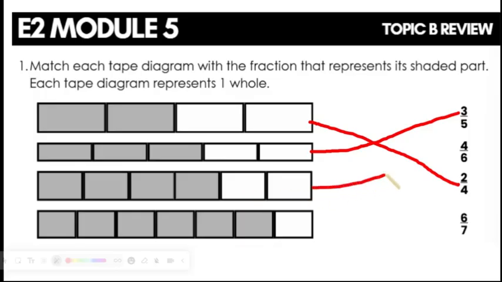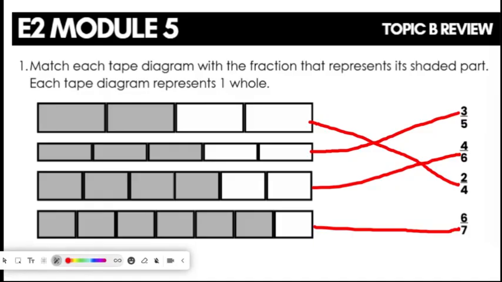So that's 4/6. I connect, and there's one last answer left. So that'll be 6/7, but I just want to double check. 1, 2, 3, 4, 5, 6 out of 7. That is correct. Make sure you're following along in your review page as well.